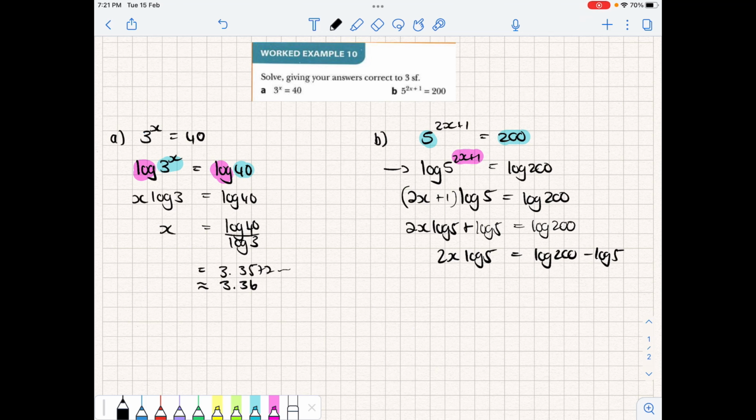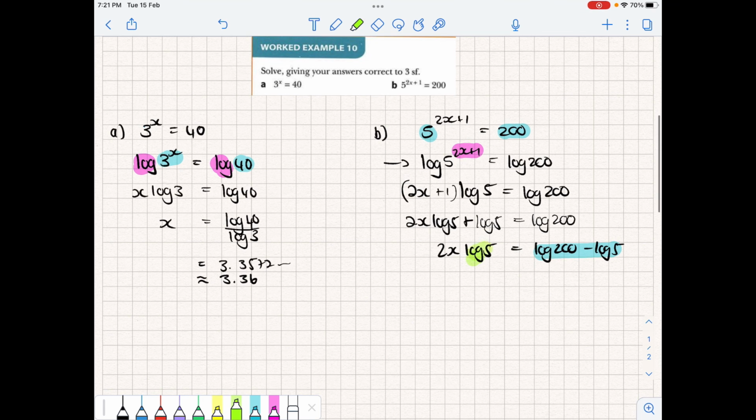Now, the temptation would be to simplify this using one of our log laws, since this is two logs being subtracted with the same base. However, you're going to see in a minute that that's kind of pointless, because we're interested in the answer and not simplifying. If we were asked to simplify, that would be a different story. But we're not being asked to simplify here. We're being asked to solve.